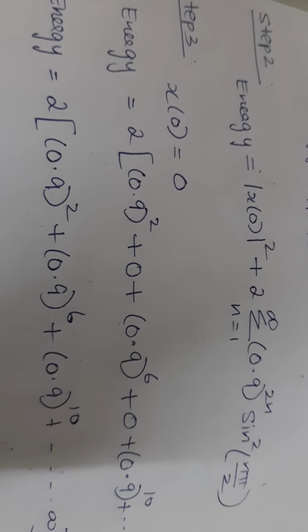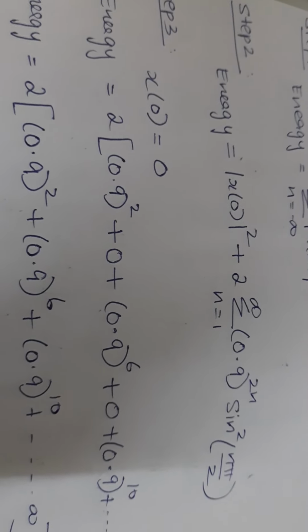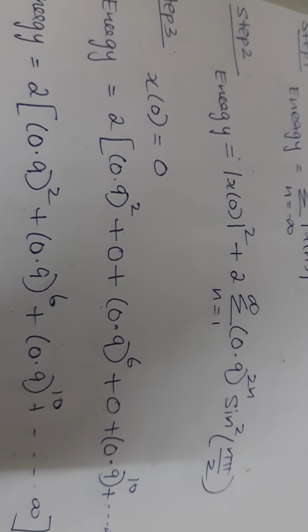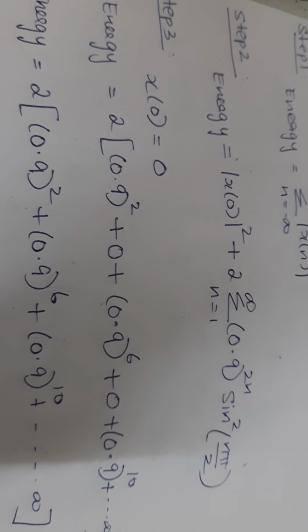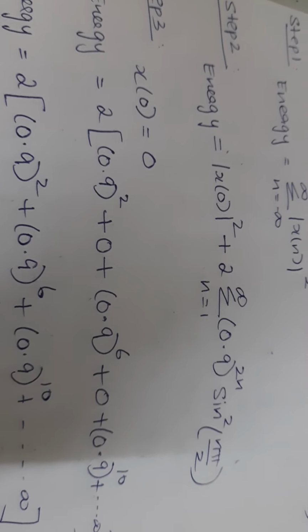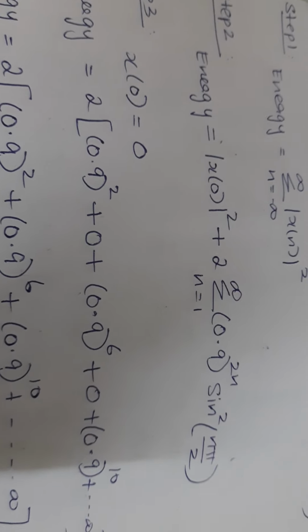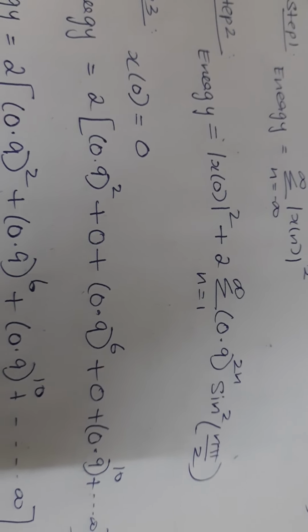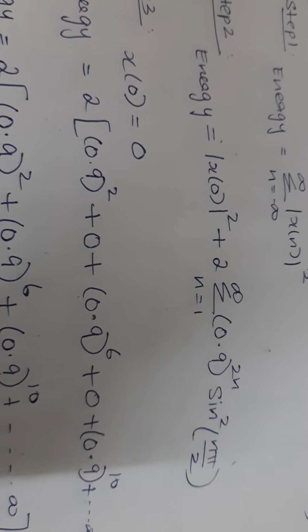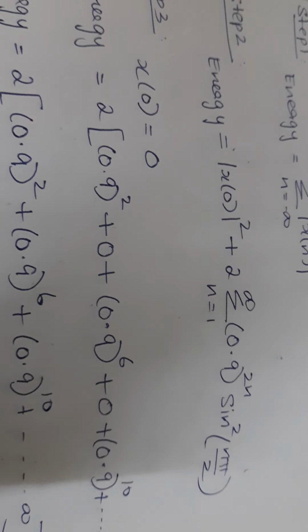So energy is equal to 2 times of, now we will substitute values of n till infinity. Now since we can't substitute till infinity, I will restrict it to 3 values. So when I put n equal to 1, it will become 0.9 the whole square sin square pi by 2. Since sin pi by 2 is 1, square will also be 1.